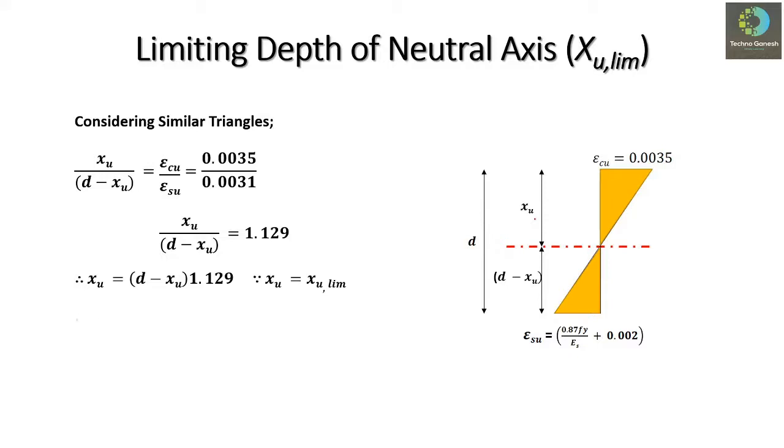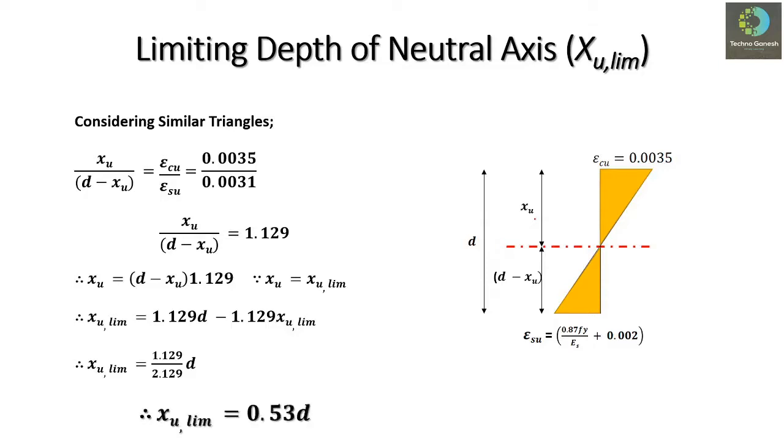So xu limiting, if we expand this bracket, equals 1.129d minus 1.129 xu limiting. Again, if we rearrange the terms, we can write this equation as xu limiting equals 1.129 divided by 2.129 into d.